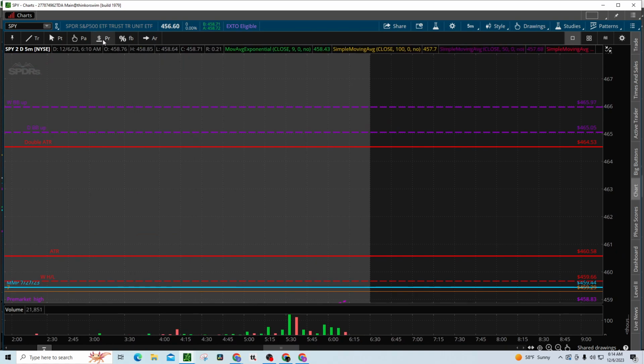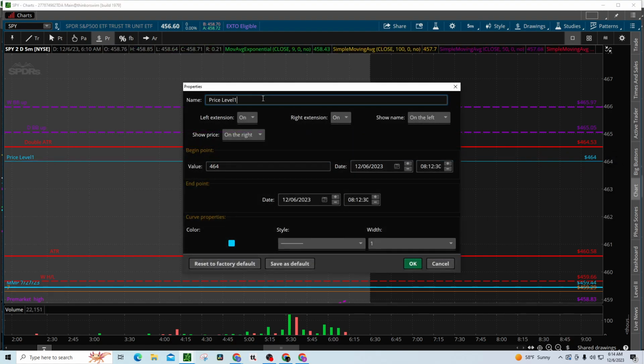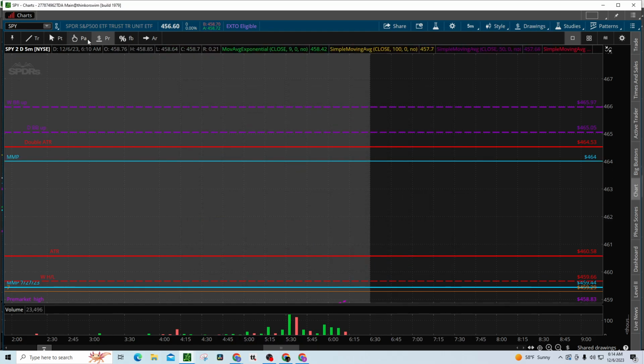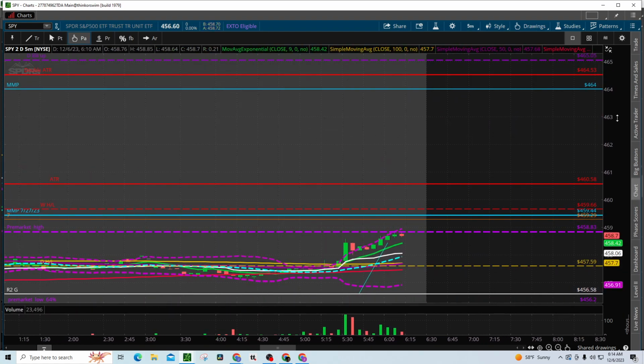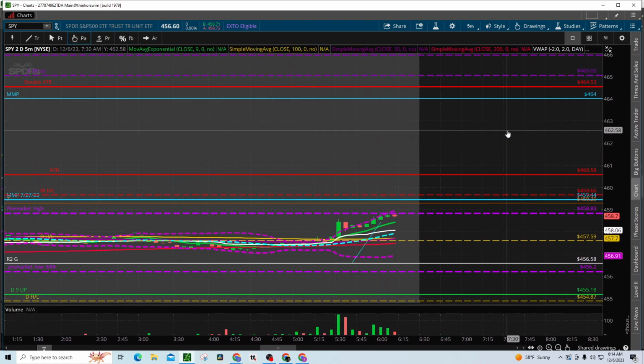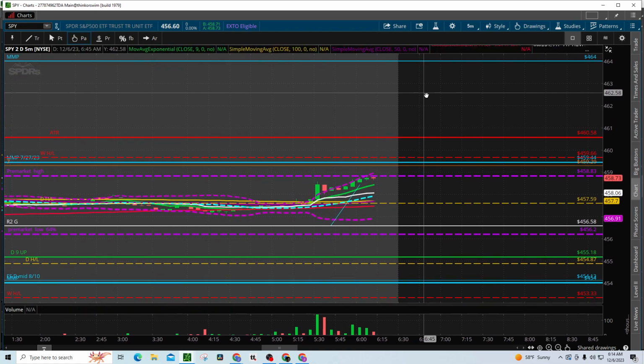The next level is 464. We were talking about that yesterday. 444, 454, 464. So this is definitely a level that I need to keep an eye on. This could be a profit target here. So we just have to wait and see.